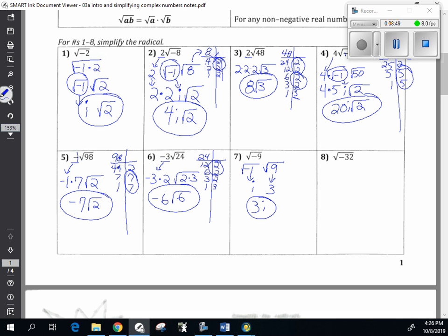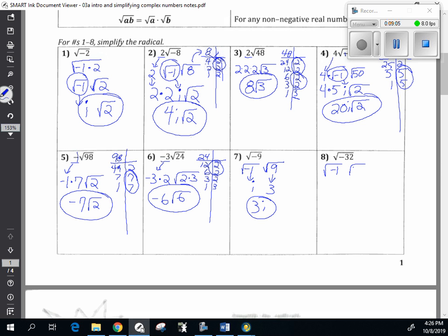Okay, and my very last question. This is radical negative 32. I rewrite it. I have a negative 1, so I take that out, and I have a radical 32.